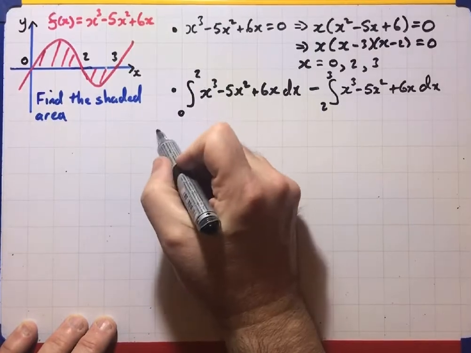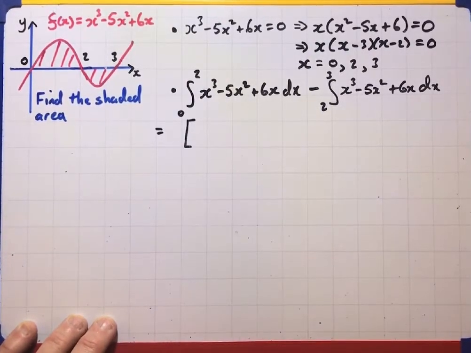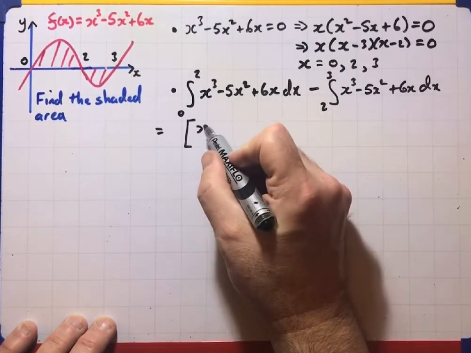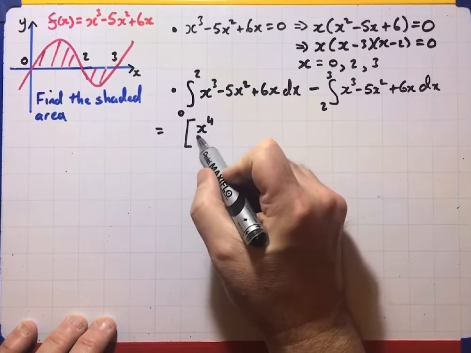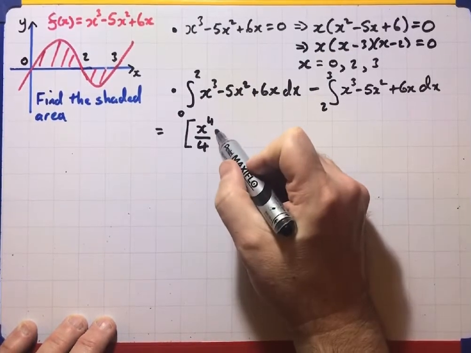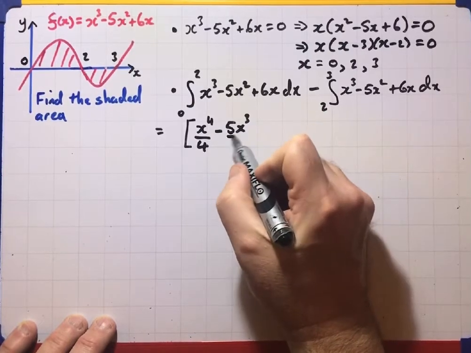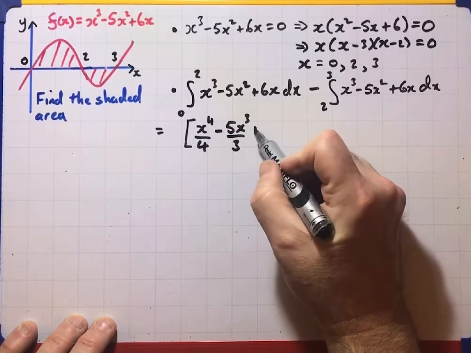Okay, so if I do that, remember your square brackets for working them out, increase the power by 1, divide by the new power. So that becomes x to the power 4 over 4 minus 5x cubed over 3. Remember that's squared, so divide that, you'll get 3.